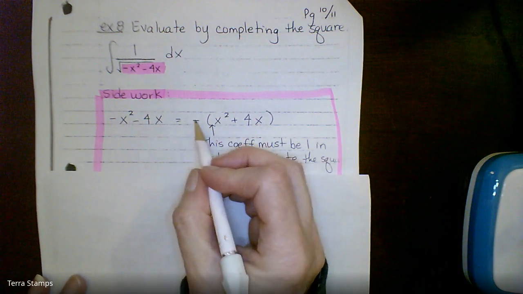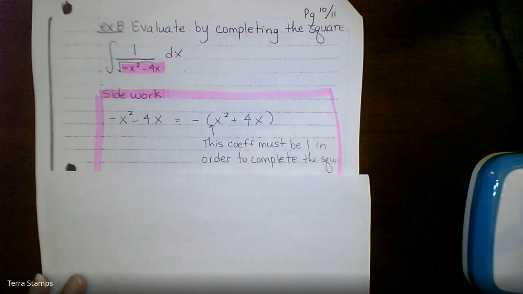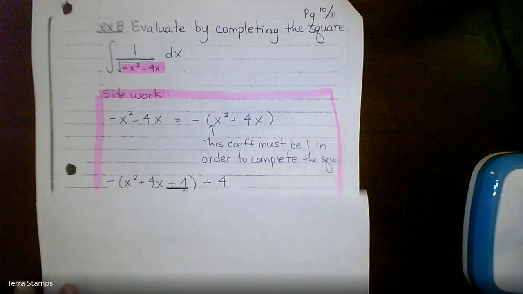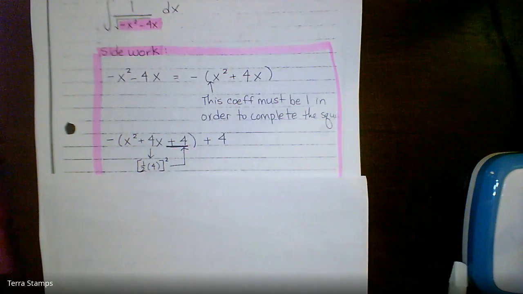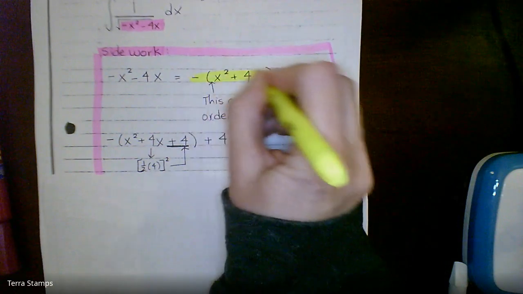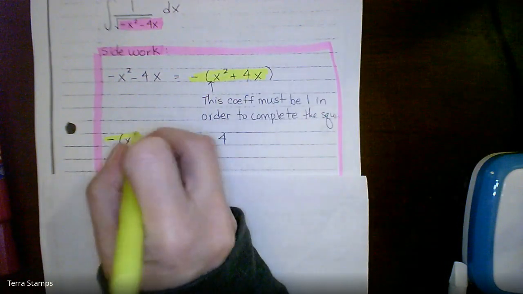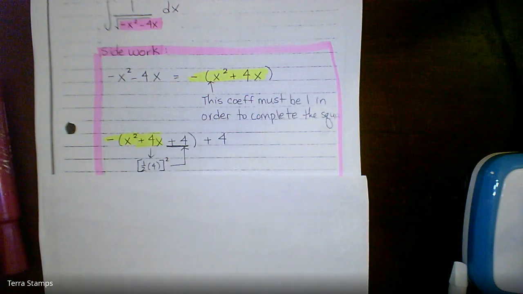So I just factored out that negative right there. That became x squared plus 4x. Now I'm ready to complete the square. So this minus x squared plus 4x. So there's my minus x squared plus 4x.